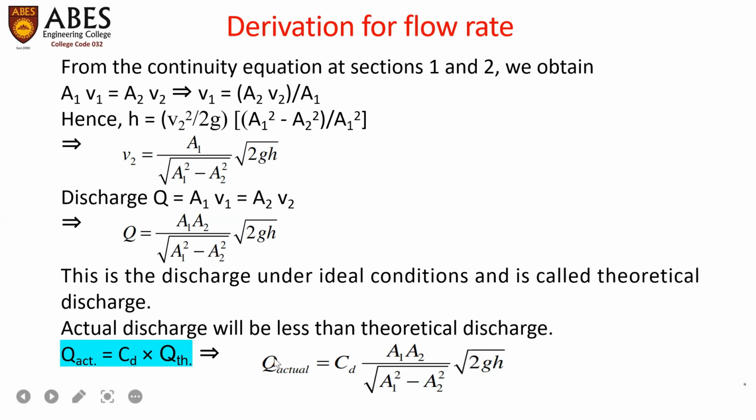This is the equation for actual discharge, which you can calculate from Bernoulli's equation and the continuity equation for a Venturimeter. Okay, so in this way, we can use this equation to calculate the flow rate or discharge flowing through a pipeline.